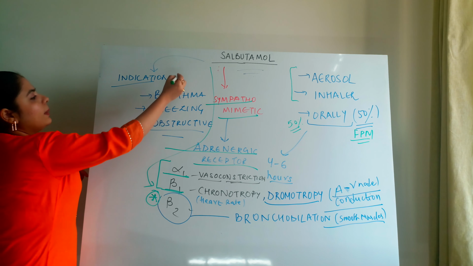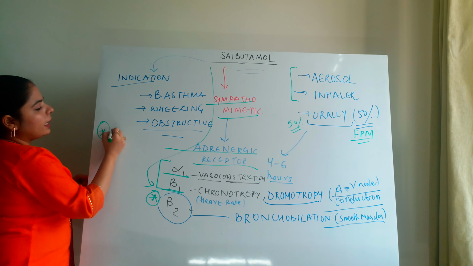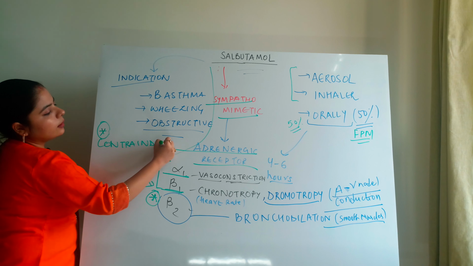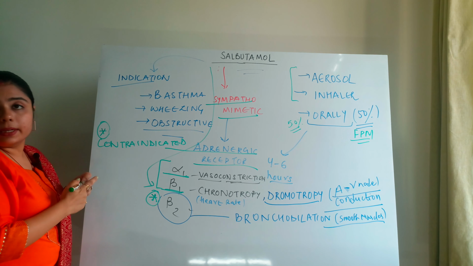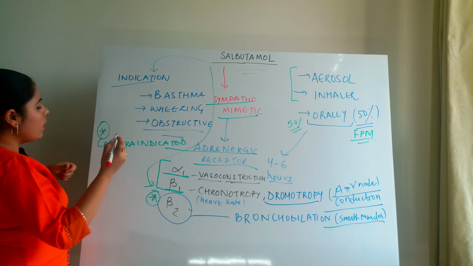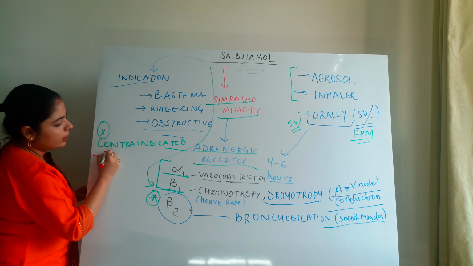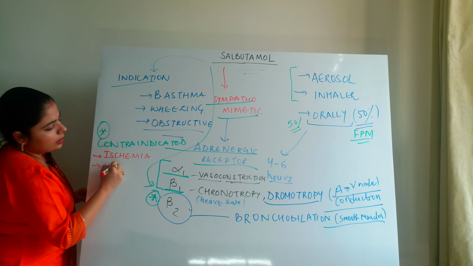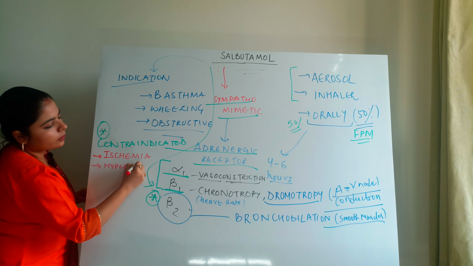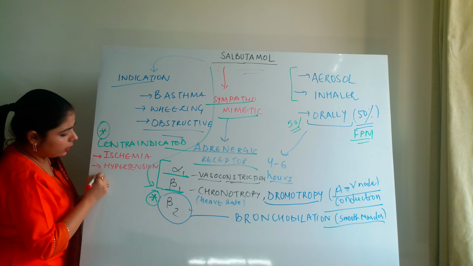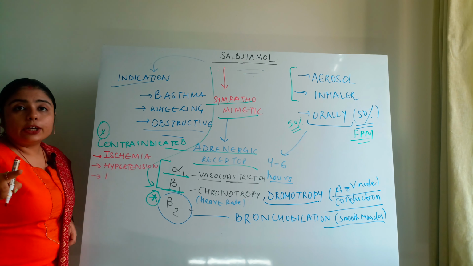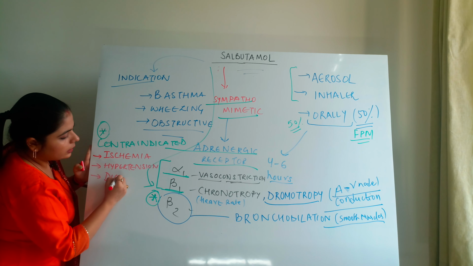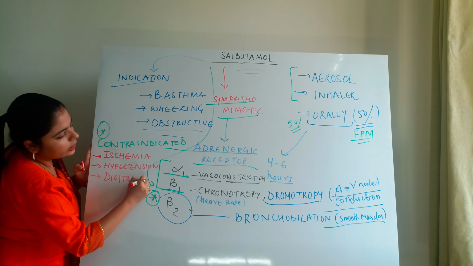So that is why salbutamol is contraindicated. You should not administer salbutamol to a patient who is suffering from ischemia or hypertension or any kind of heart disorder where the palpitation is high, or if a person is being administered digitalis.